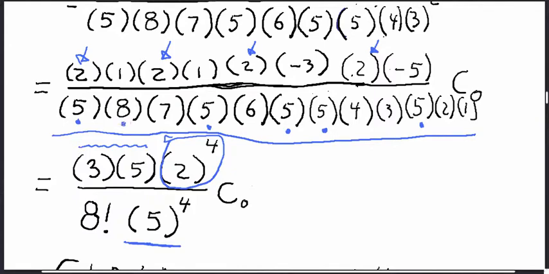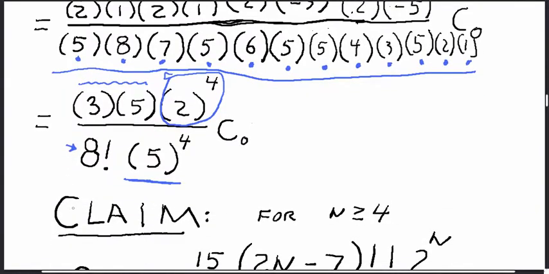There's an 8, 7, 6, one of those 5's, 4, 3, 2, 1. So that's this 8 factorial. Okay. So what I see is I see that c sub 8, so let me write this down, c sub 8 is equal to 3 times 5 times 2 to the 4th times 8 factorial times 5 to the 4th.